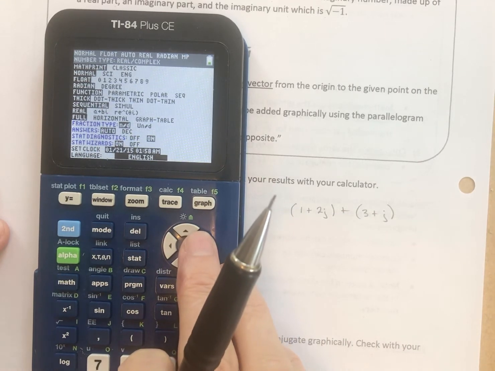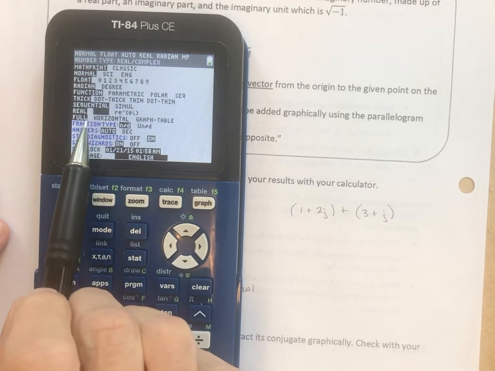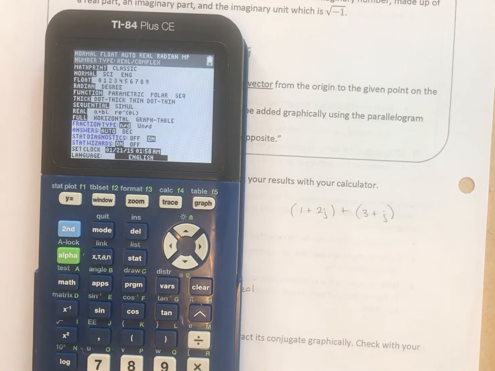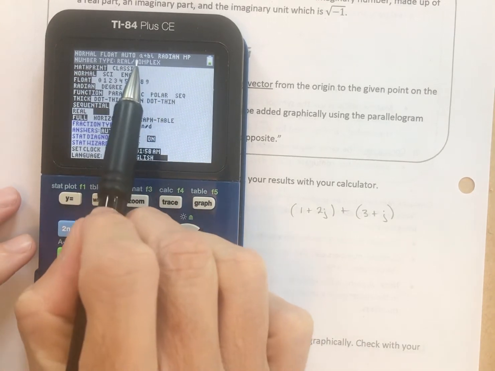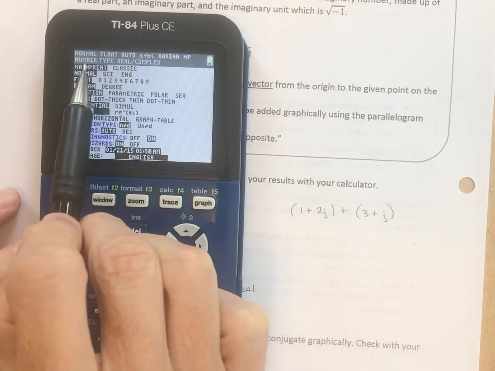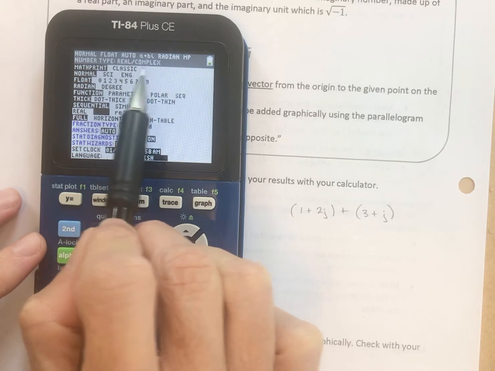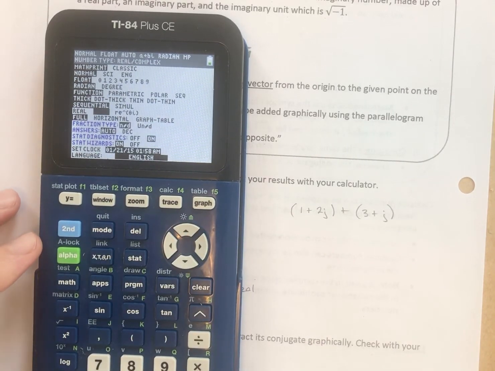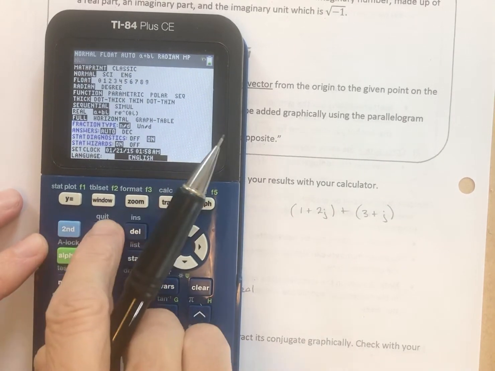There's the real. If I go over 1 to the a plus bi where it's blinking, that is the complex number mode. I'm going to choose that mode. And notice it changed up here, and it changed up at the very top as well. So now I can quit out of that.